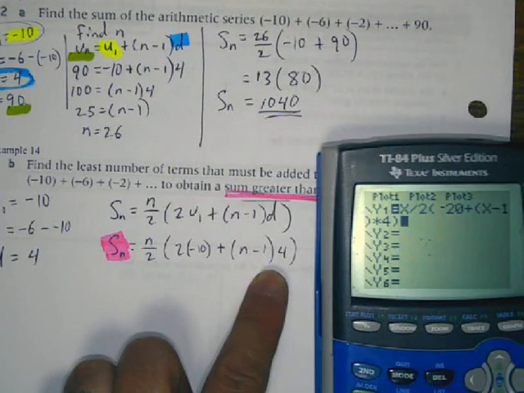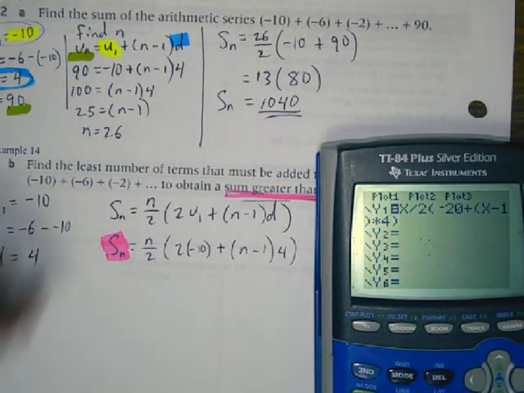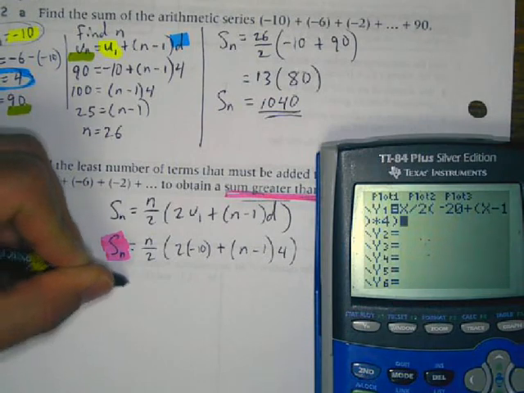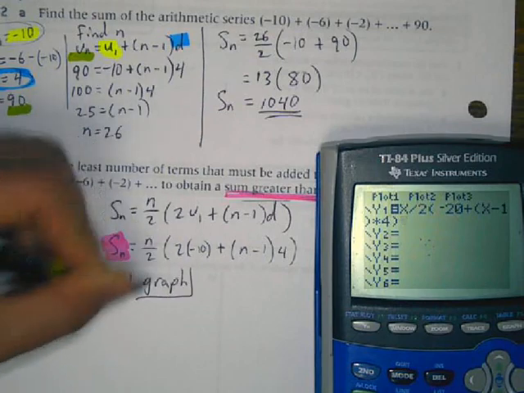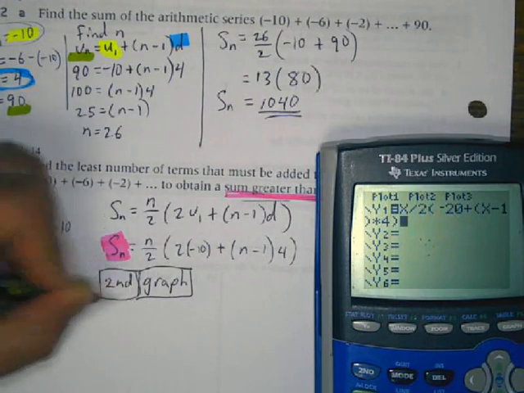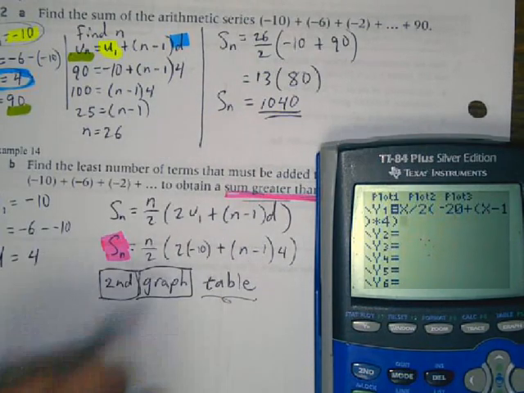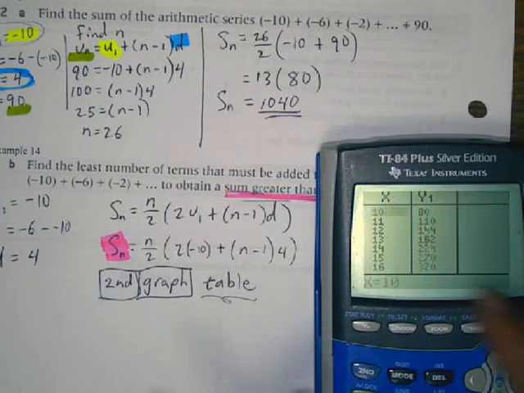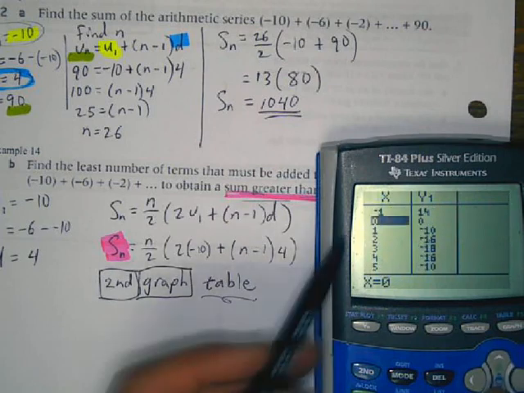Okay. And now what I'm going to do is second graph, and that's going to give me a table. And when I get my table, remember we're going up by integers.